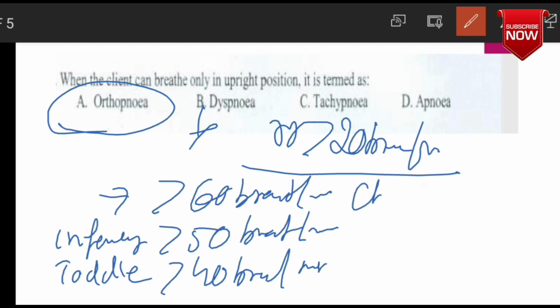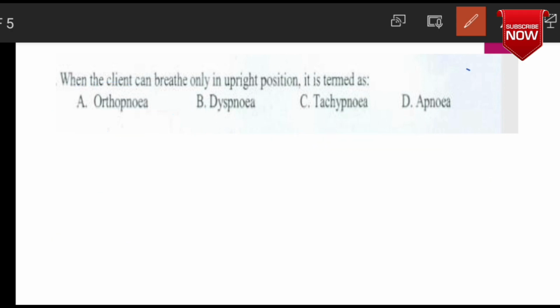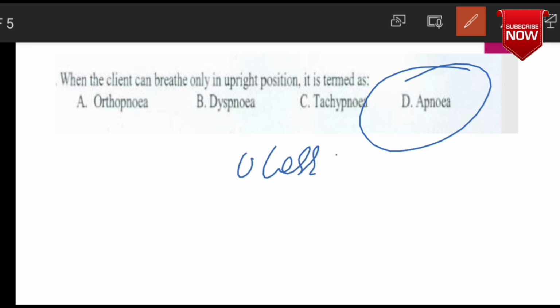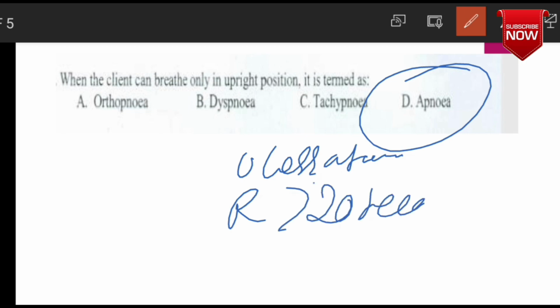In case of children, the respiratory rate more than 30 breaths per minute is considered as tachypnea. Next option is apnea. Apnea is a respiratory pause of greater than 20 seconds or cessation of respiration more than 20 seconds.